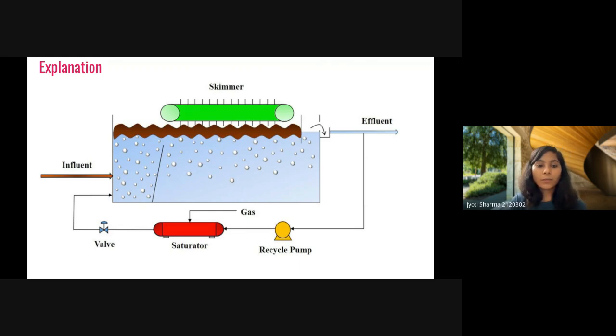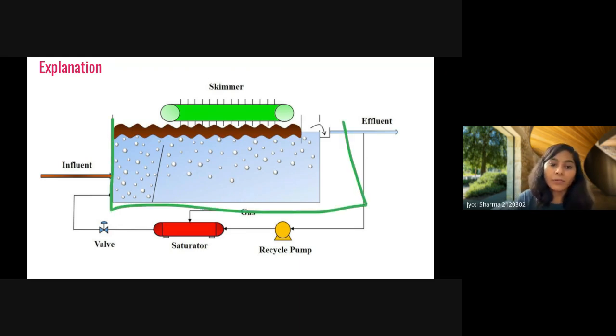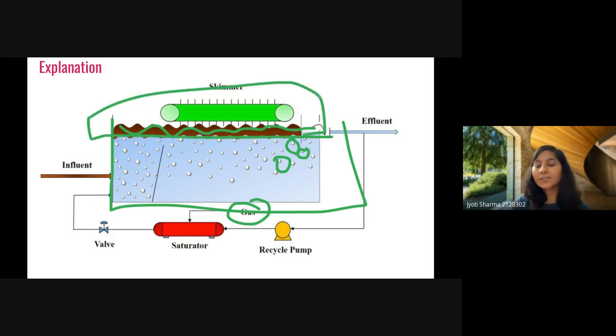So we have this chamber and we are giving some gas to your wastewater. So what will happen, we will have oils, let's say these are the oil, or some particle that is very light in nature, so that will be floated, and that floated particle will be removed by the skimmers.